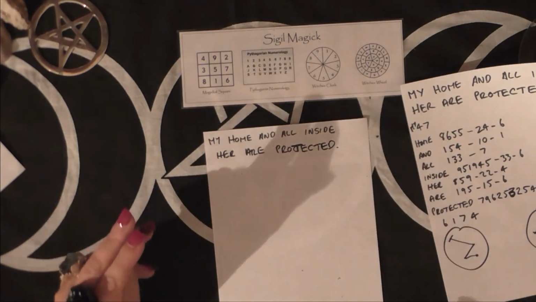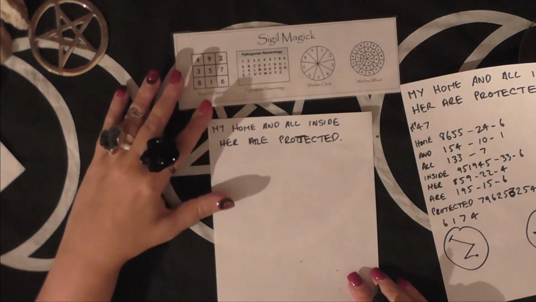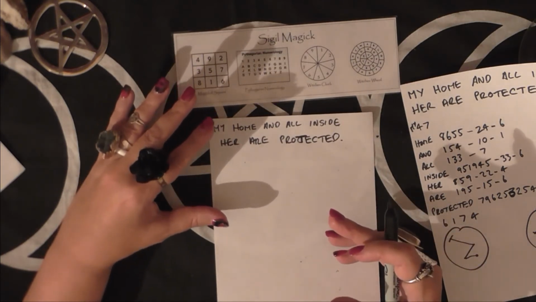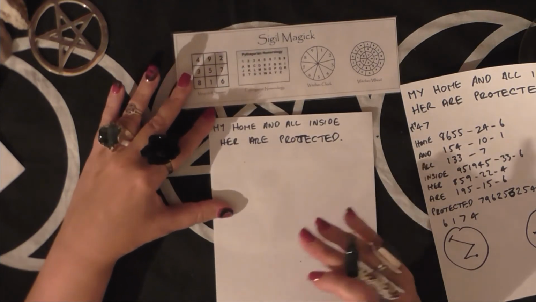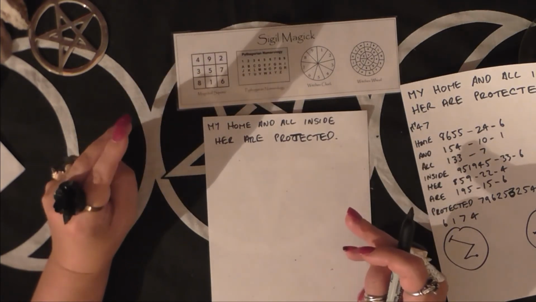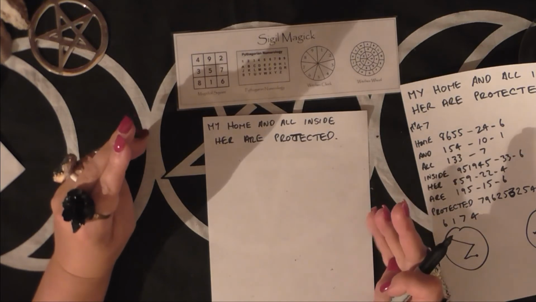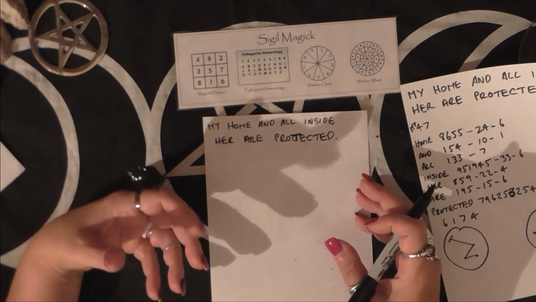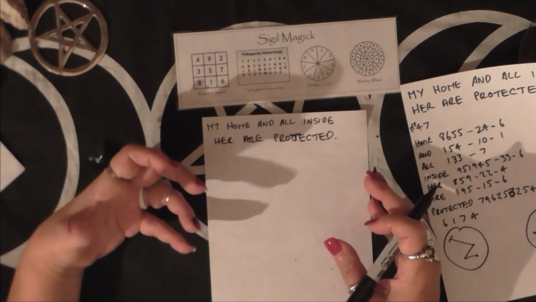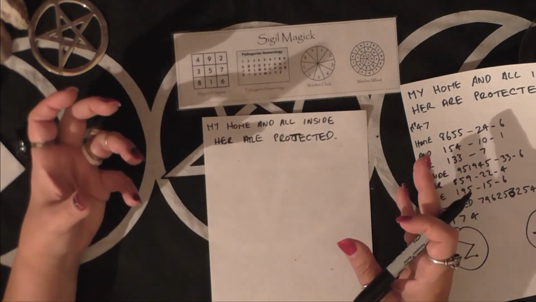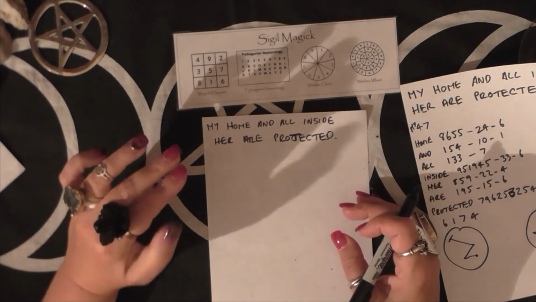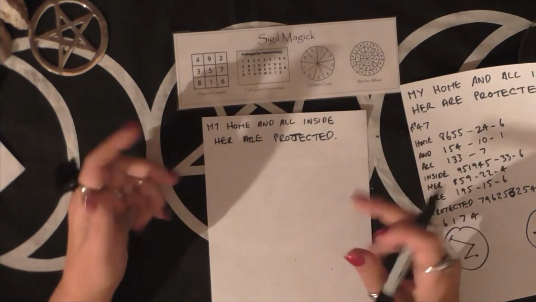So the thing with your spells and any kind of magic, when I say to write in a positive tense, what I mean by that is to speak and think of it as though you already have it. So if, for example, you were saying you would like to attract some money, instead of saying I want it, I need it, that implies that you don't have it. Instead, write something like I am overflowing in abundance.